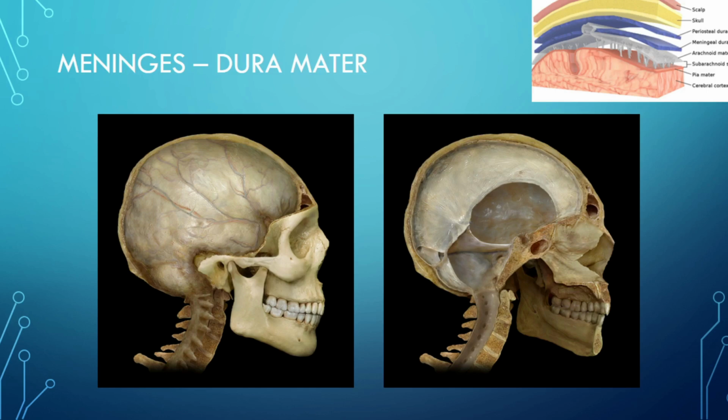And within these folds there are really huge veins which we call the dural venous sinuses. So they're draining venous blood from the brain and returning it back to the systemic venous system. So you might have come across extradural hematomas or subdural hematomas, so bleeds within the cranium.